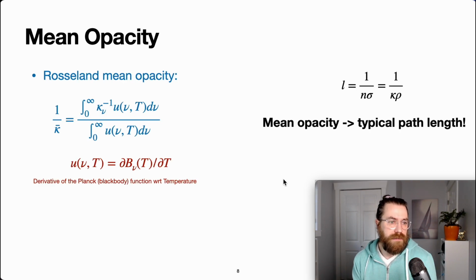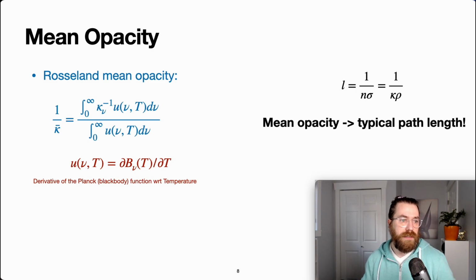And this is similar to the notation you see in the book here. When you want to estimate the mean opacity, you take this average of all the opacities, all the opacity sources, times the spectrum, times the derivative of the black body.